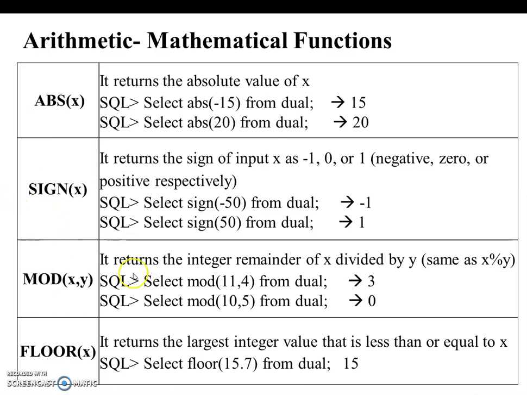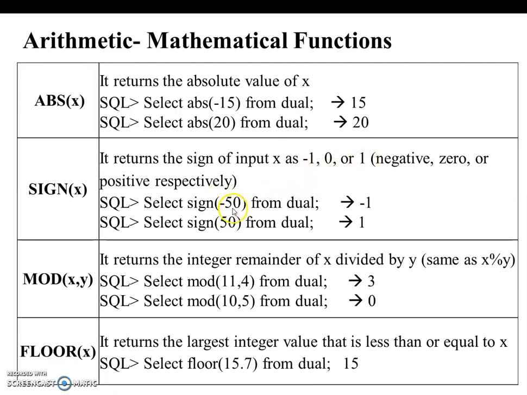Next one, sign. The absolute returns the absolute value, but the sign returns only the sign, in terms of either -1, 0 or 1. That is a negative, 0 or a positive value. Depending on the given input, it will return the result in terms of only -1, 0 or 1.